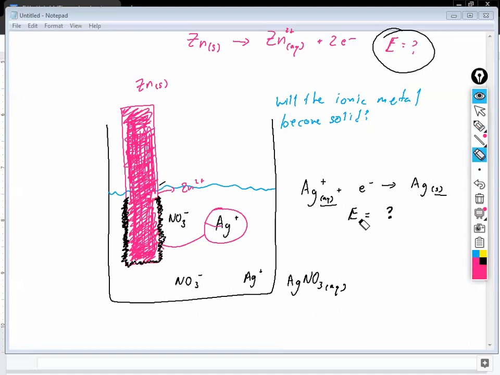Let me give it some numbers. We'll call it E1 versus E2. If E1 is bigger than E2, that means it will solidify. The answer basically becomes yes. But if E1 is smaller than E2, the answer is going to be no.